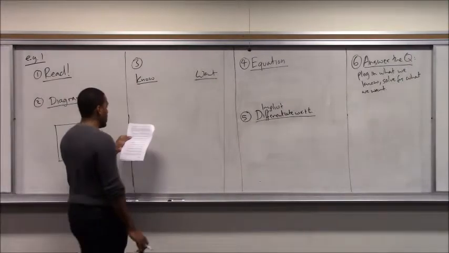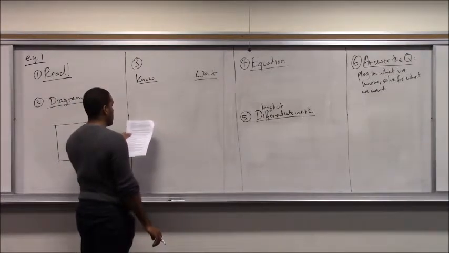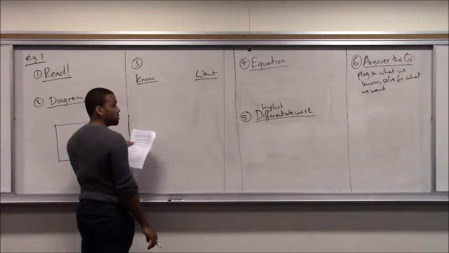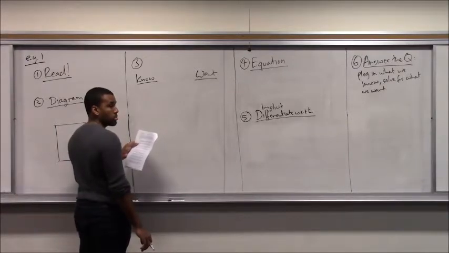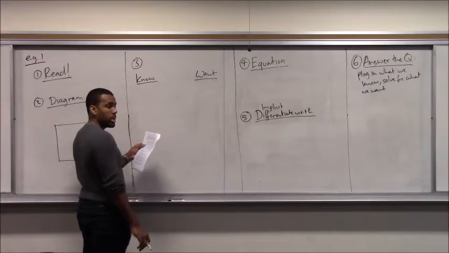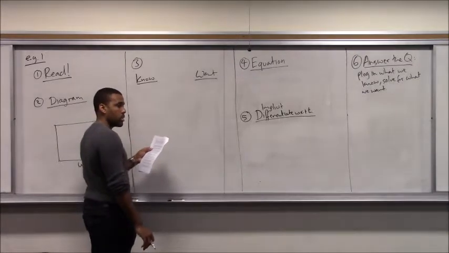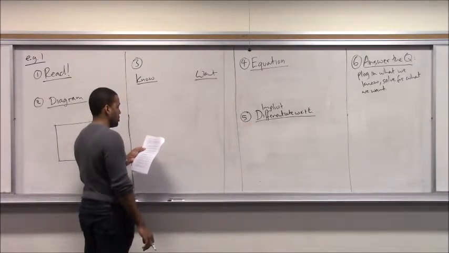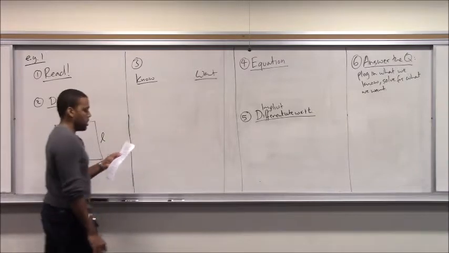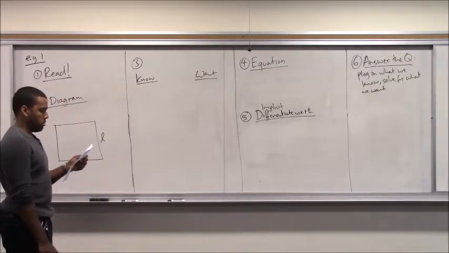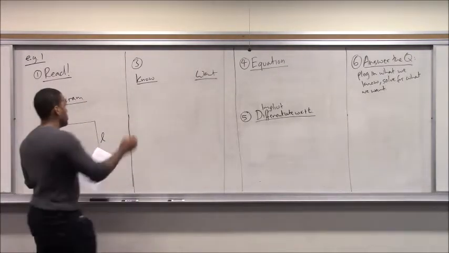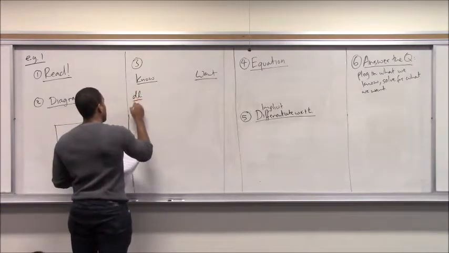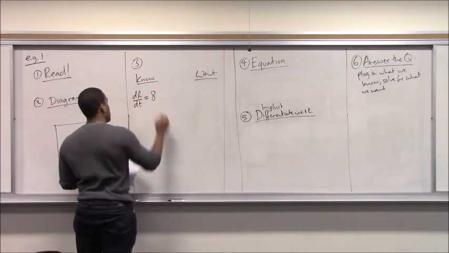They told us that the length is increasing at 8. How can I write down that information? That is saying dL over dt is 8.